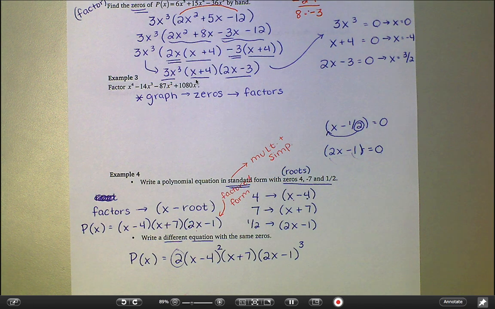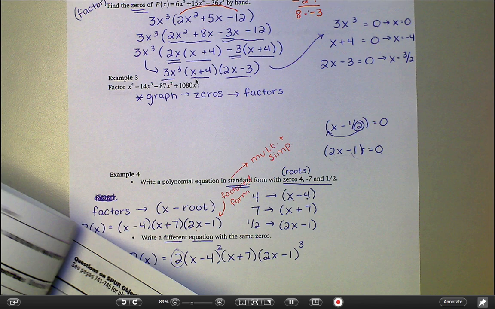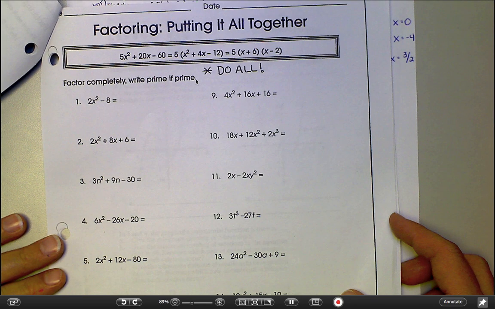Okay, so just for tonight, what is it exactly that you have to do? And of course, once again, I don't have my homework packet here. Here we go. So one of the things I would like you to do tonight is this page that says factoring, putting it all together, okay?